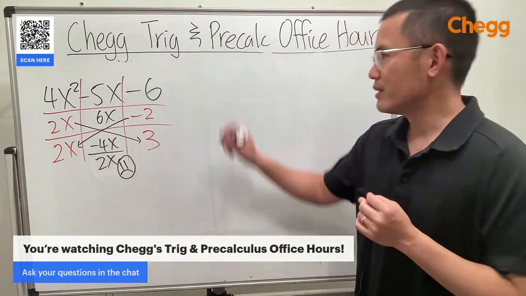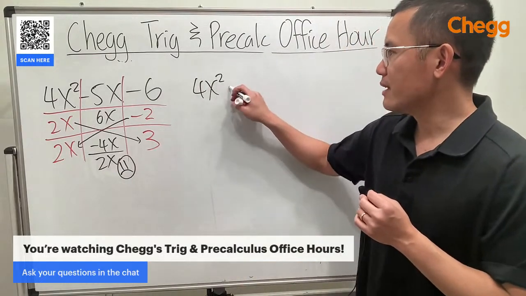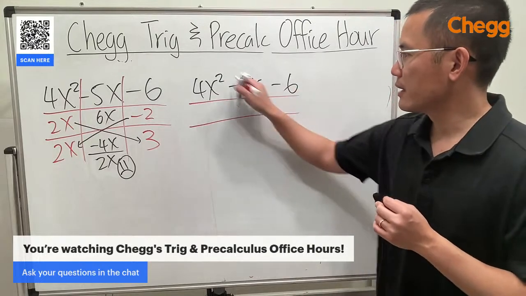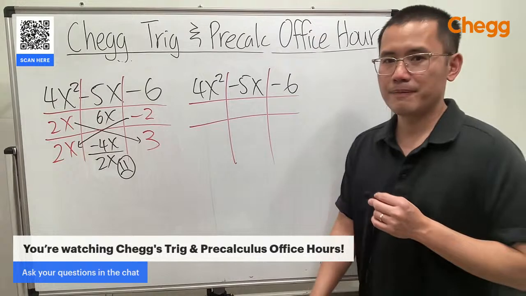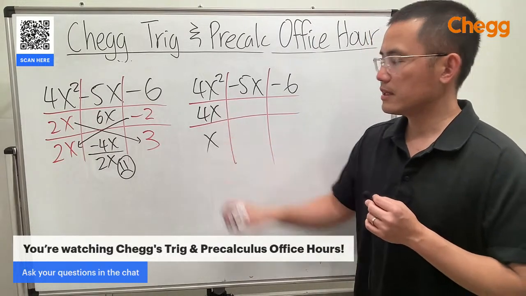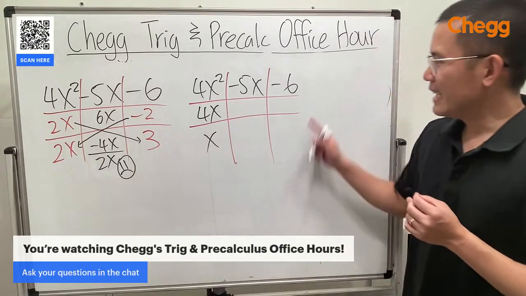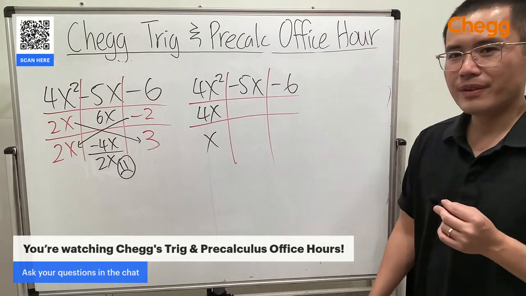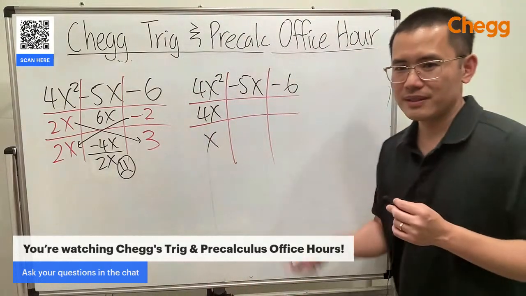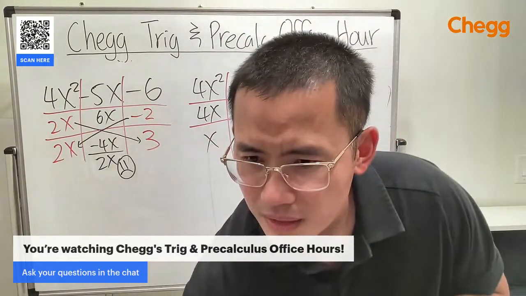So how do we do it though? Let's try again. Let's try 4x and x. And to get negative 6, all right, what do we do?